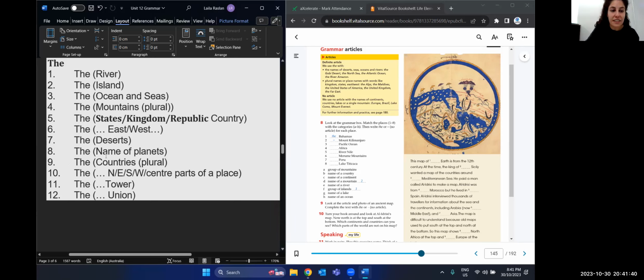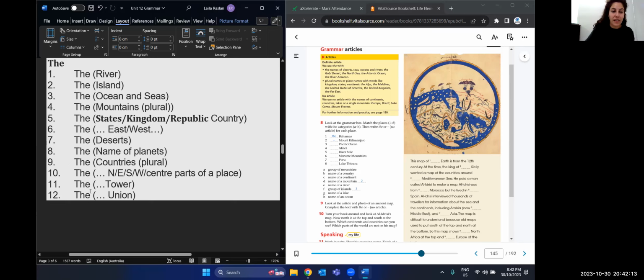If you have names of planets, you say the. If you have countries with plural, you say the. If you have north, east, south, west parts of a place, so the northern part of Australia, the eastern part of Australia, the west part of Brazil, the south part of Brazil, we need to say the.